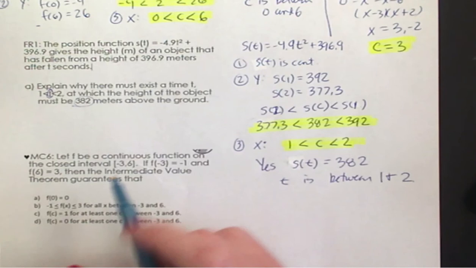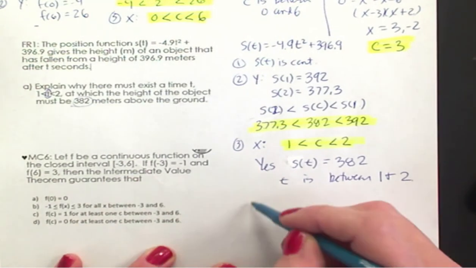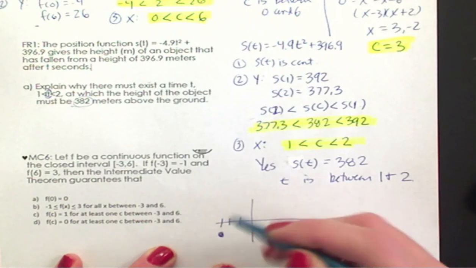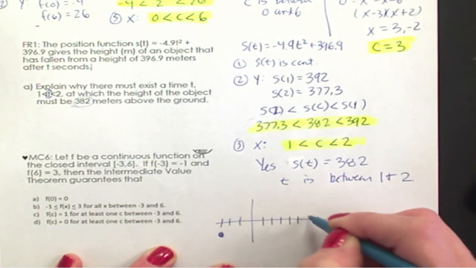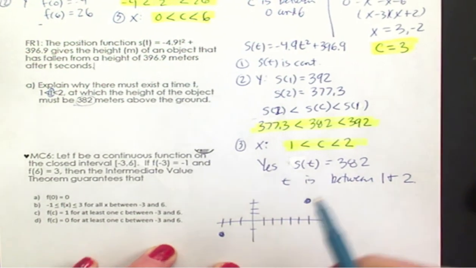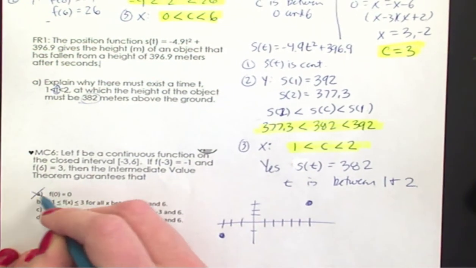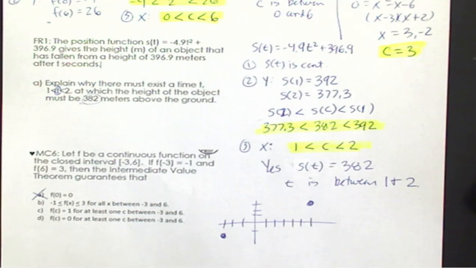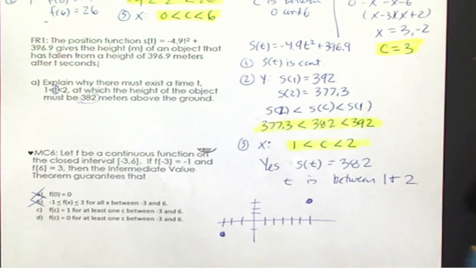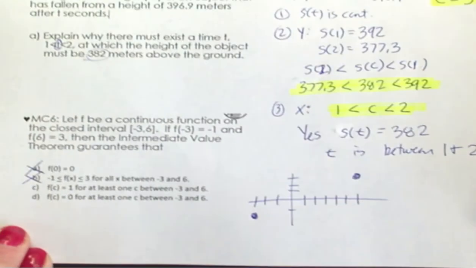Okay, last one. This one they gave me points. 1, 2, 3, negative 1. 1, 2, 3, 4, 5, 6. 1, 2, 3. No. Okay. Not necessarily. B doesn't have to be true, guys. Notice that that says f of x is between.